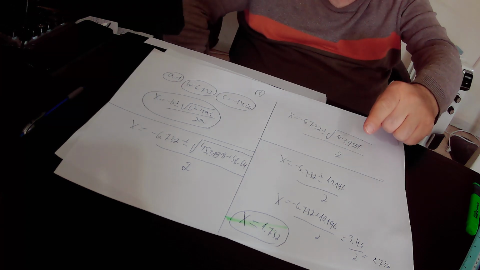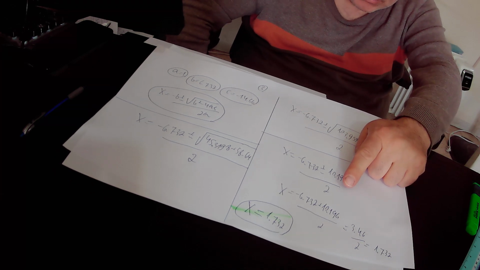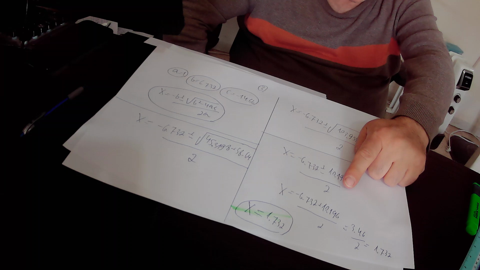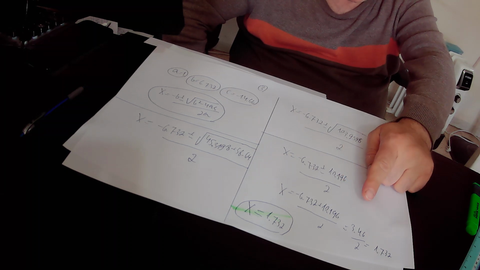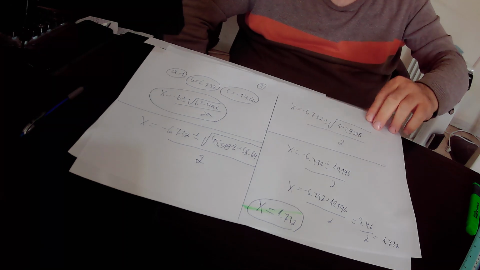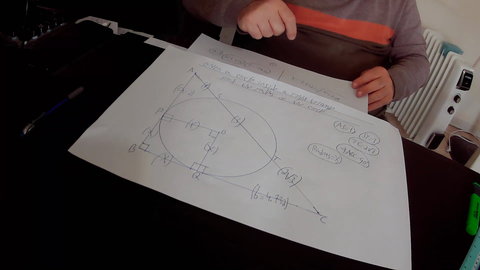The positive solution for the value of x is x equals minus 6.732 plus 10.196 divided by 2. And minus 6.732 plus 10.196 equals 3.46, and 3.46 over 2 is 1.732. In conclusion, we found out that the radius of this circle x equals 1.732 units.